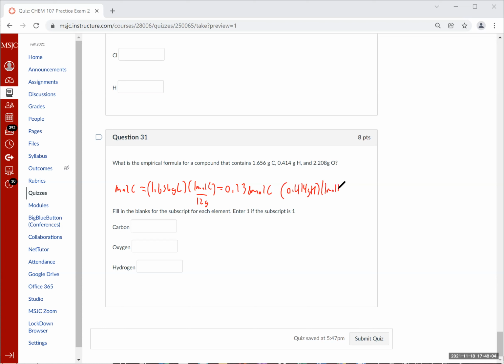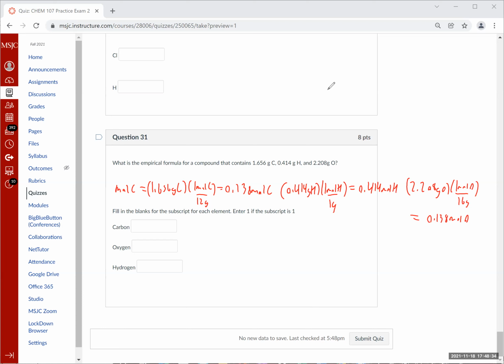In 1 mole of hydrogen, we have 1 gram. So we have 0.414 moles of hydrogen. And then for oxygen, we have 2.208 grams of oxygen. In 1 mole of oxygen, we have 16 grams. So we have 2.208 over 16. That in turn gives us 0.138 moles of oxygen.